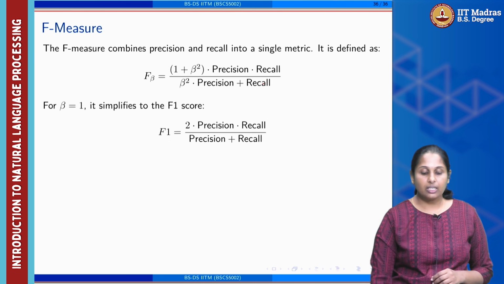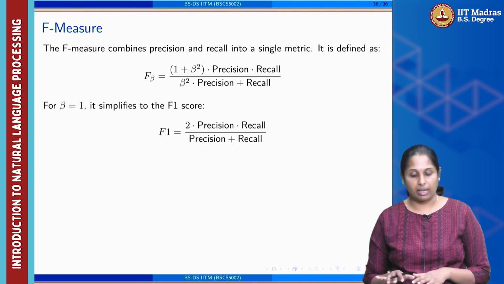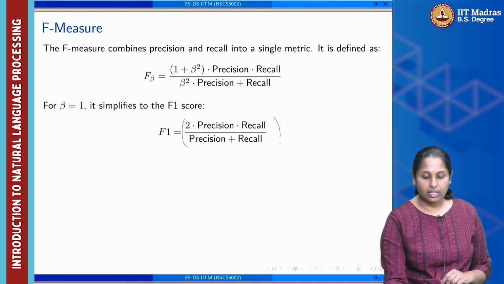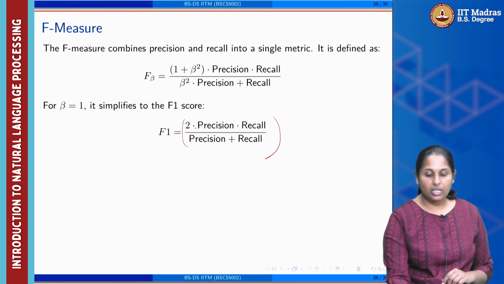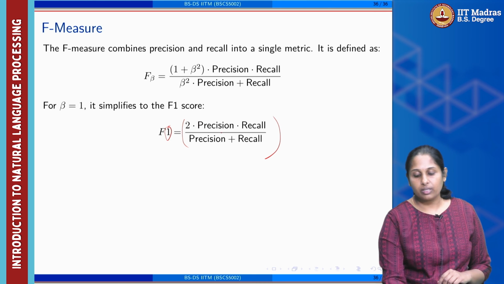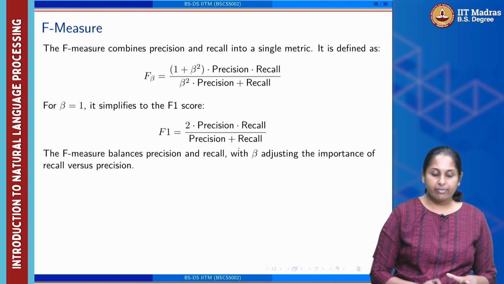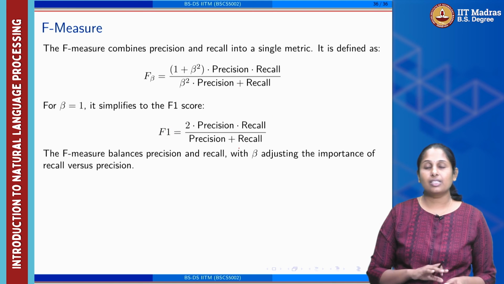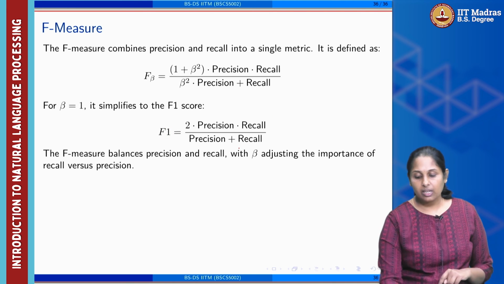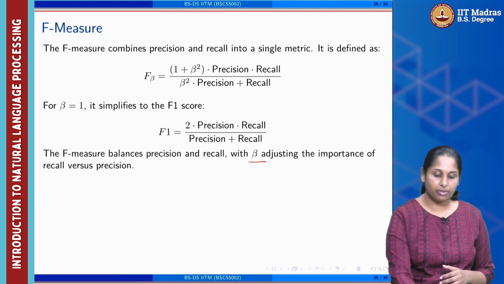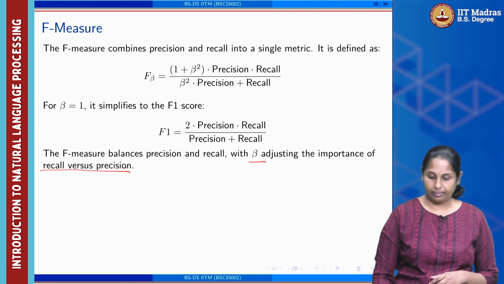Now let's say beta is always 1, it simplifies the F-score. So the simplified F-score is 2 into precision into recall divided by precision plus recall. The F-measure balances precision and recall, whereas beta adjusts the importance of recall versus precision.